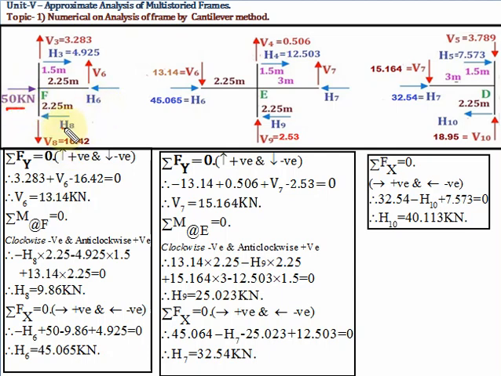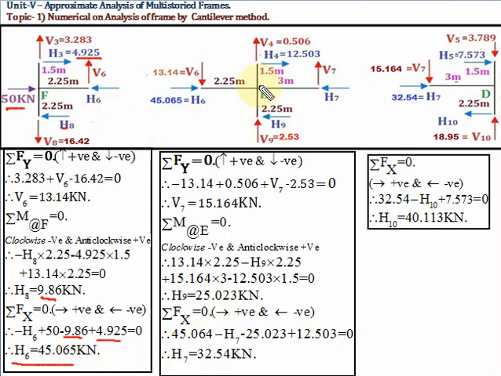Then H8 is 9.86, acting towards the left hand side, so minus. H3 is acting towards the right side, value 4.925, so plus. And H6 is acting towards the left hand side, so minus.